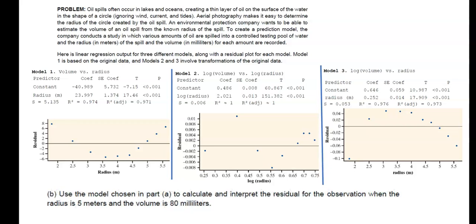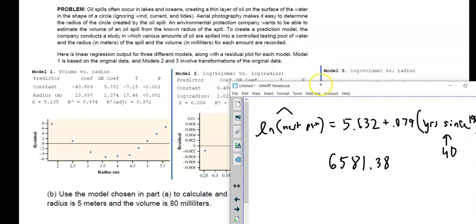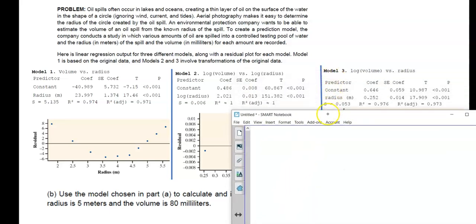Now use that to calculate and interpret the residual for the observation when the radius is 5 and the volume is 80. So then you would get this out and go, okay, let's write our equation.